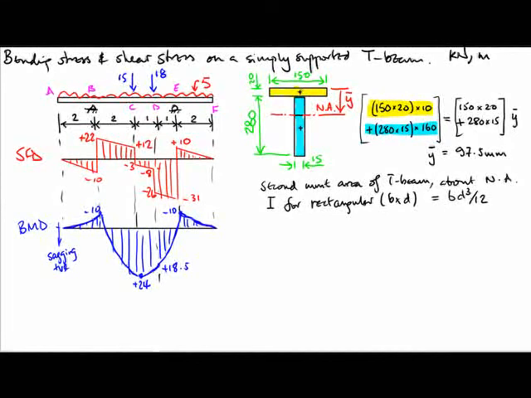But we're now making them bend about the neutral axis of the overall section, so that will increase the second moment of area.